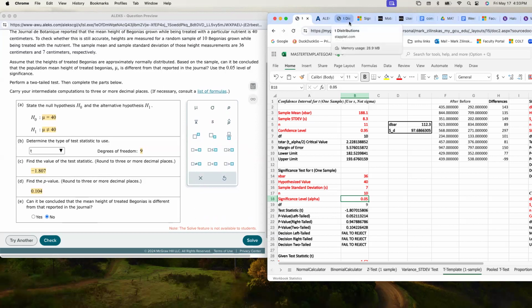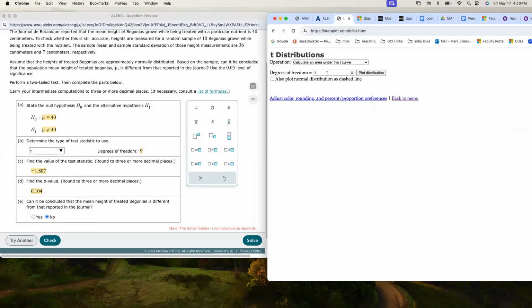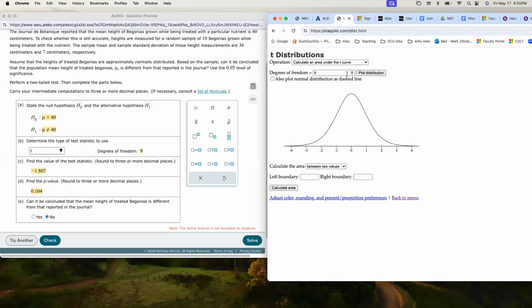This is just a little bit extra, to show you what you have here for 9 degrees of freedom. So if I plot that distribution and I want to calculate the area outside a region, okay, what I have to do is type in this left boundary. So that was the reason I typed in that for the left.